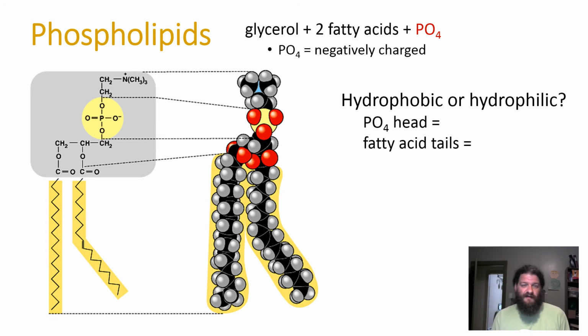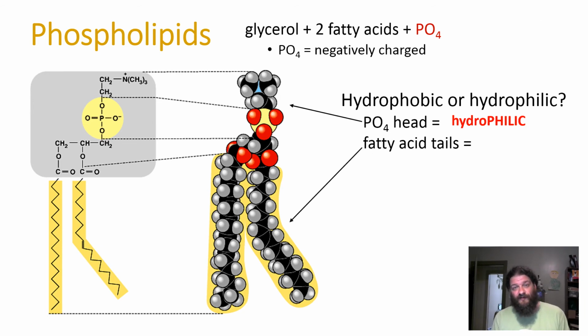Because of this charged head on it, we call that the head region. Is this hydrophobic or hydrophilic? And the answer is yes. The heads, with the phosphate groups, are hydrophilic, very polar in nature.